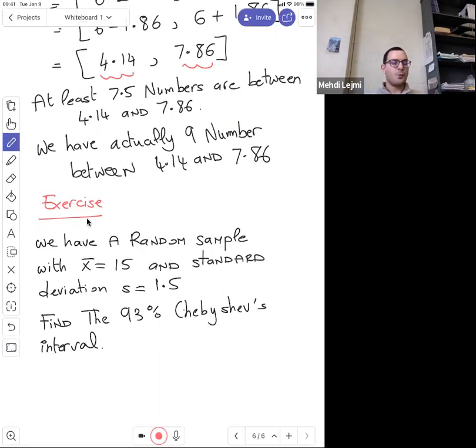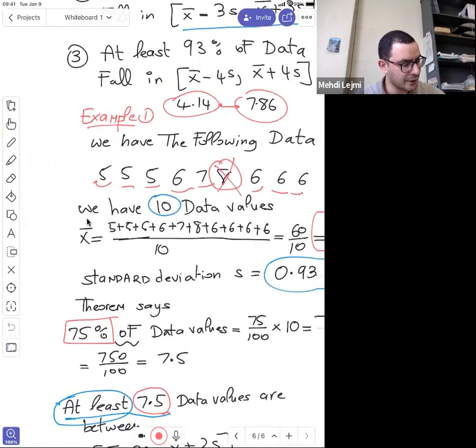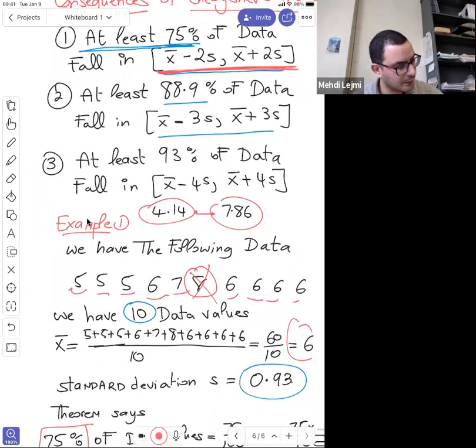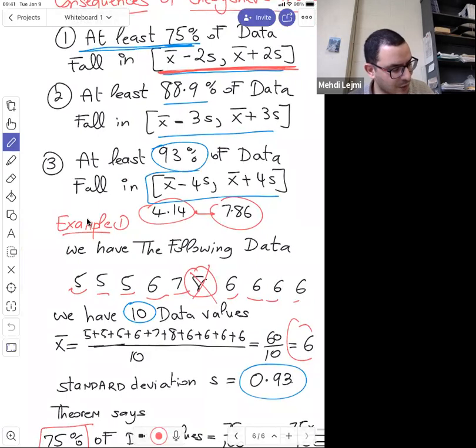Okay, so what we do is, the percentage is given, so it's 93%. If you have 93%, then the corresponding interval is X bar minus 4S and X bar plus 4S.